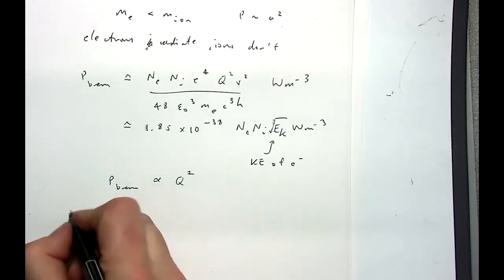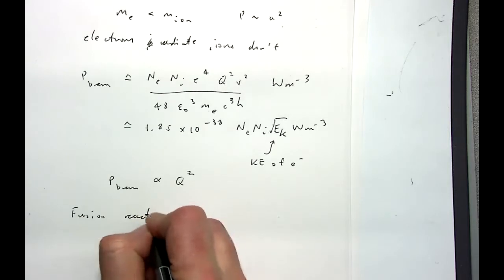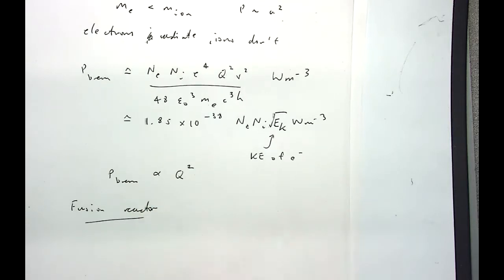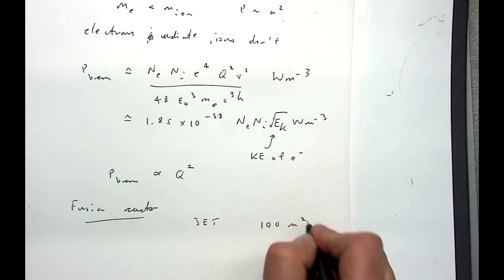So one of the most important examples of that, imagine I have a fusion reactor and I have some kind of plasma, for example a JET. The plasma volume might be something like 100 meters squared.